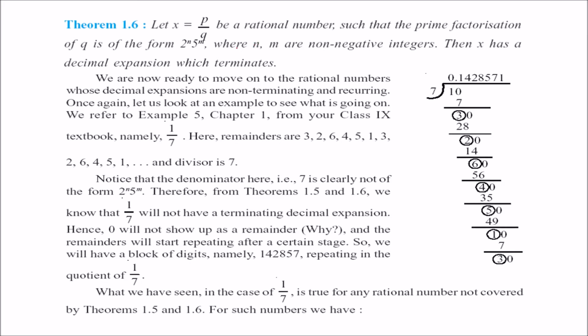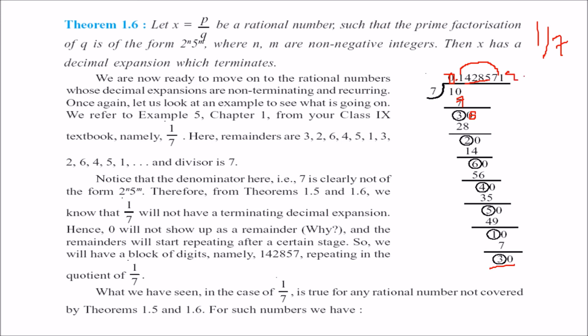Now take one more example. If this is your number, tell me what will be 1 by 7. Let us divide: 7 into 1, take 0 and point. 7 1s are 7, 3, again take 0, 28, this goes on, again we get 30, and from 1 to 7 this is going to repeat.